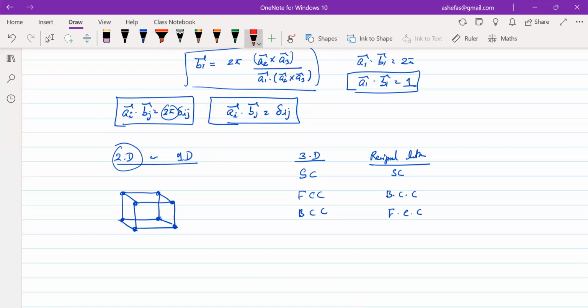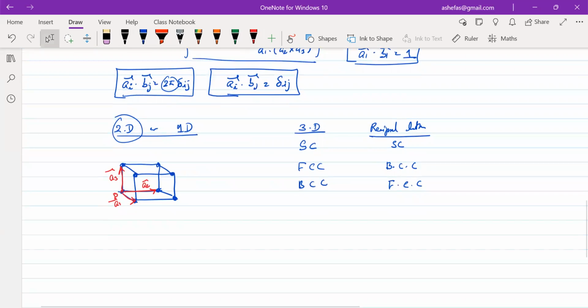We'll choose one lattice point as the origin, then draw the vectors to the three nearest neighbors. One of these vectors can be represented as A1, the other A2, the third A3. So A1, A2, A3 are defined, from which we can calculate B1, B2, B3, and B1, B2, B3 will take the same structure. Now we can go for face-centered cubic.